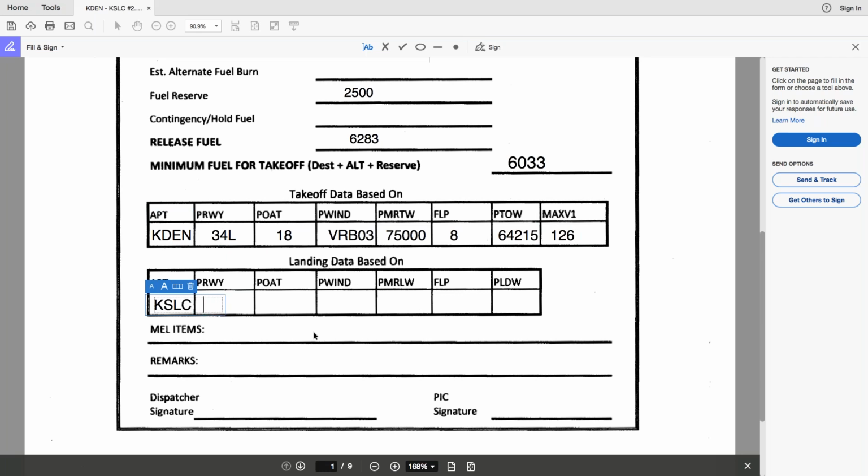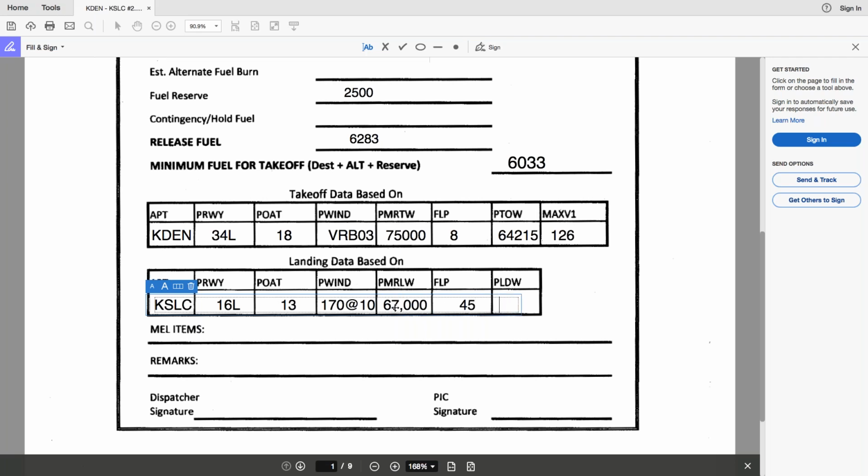KSLC, planned runway was 16 left. Planned outside air temperature was 13. Planned winds were 170 at 10 knots. Okay, 67,000 pounds. Flap setting was 45.